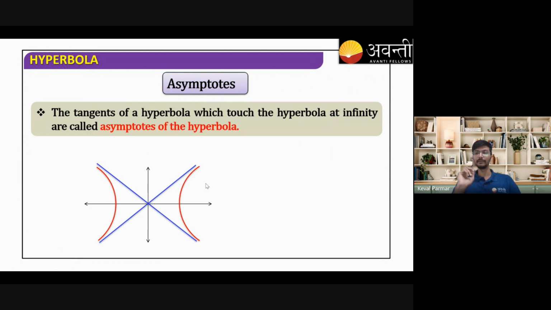Now, for this hyperbola, do you know the equation? It is x square upon a square minus y square upon b square equals 1. For this hyperbola, the asymptotes you can easily guess from the graph.